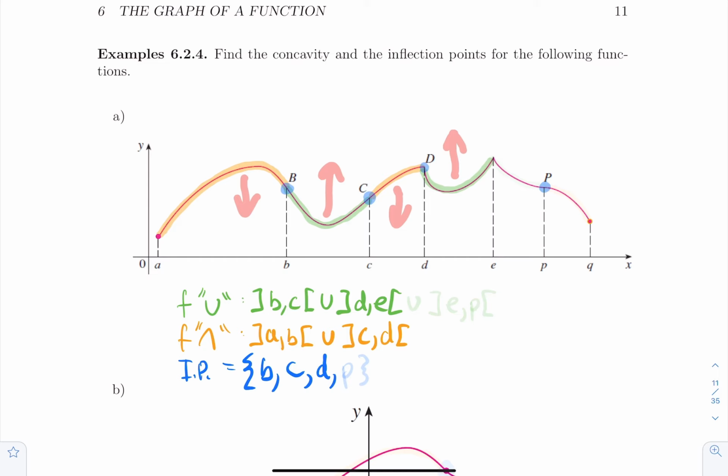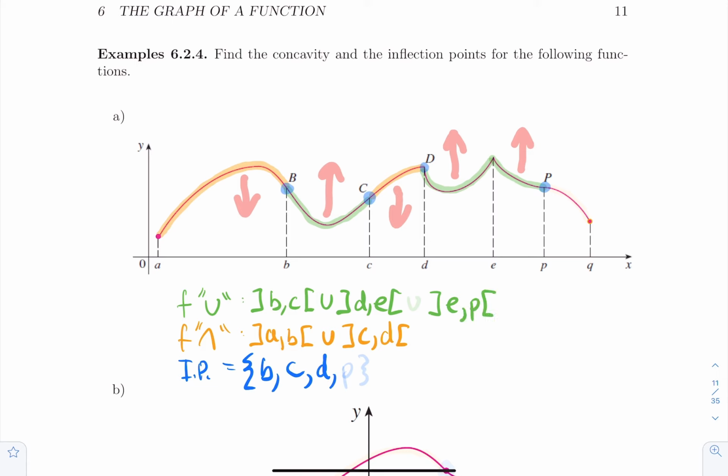What about E and P? Here, when you're just using intuition, you might think that, okay, this is concave up to concave up, so maybe I should just say concave up everywhere. I think the bowl intuition is the way to go here. Yes, between E and P, it's again concave up, but it's not part of the same bowl. If it's not part of the same bowl, it's not part of the same interval of concavity.